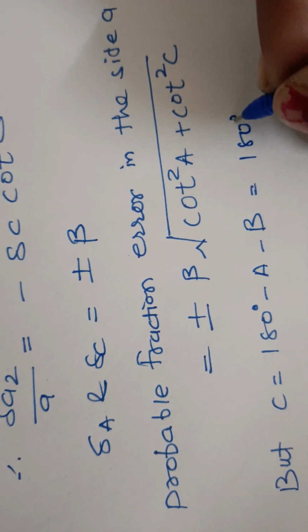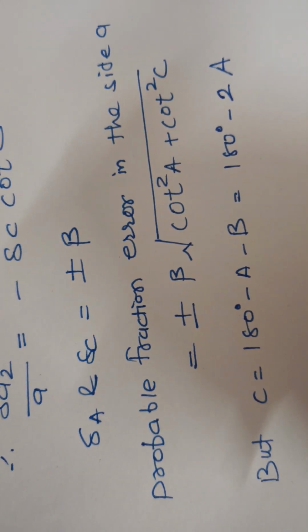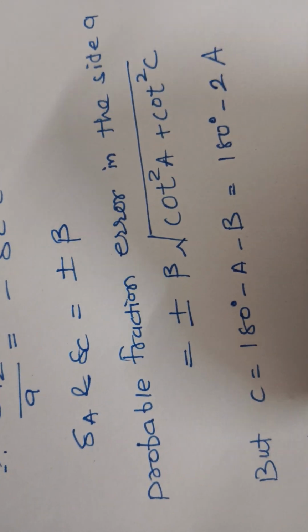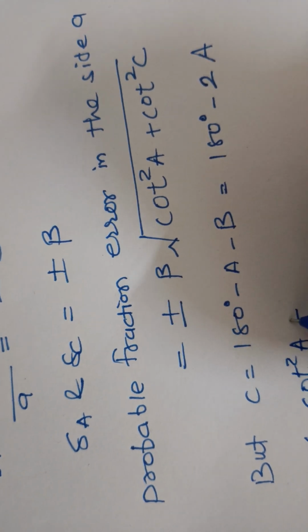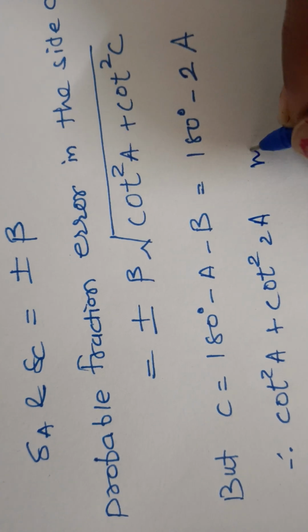So 180 minus 2A, simplifying. So cot square A plus cot square 2A should be minimum.